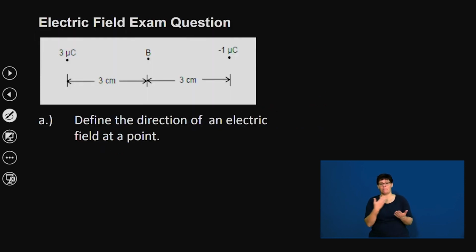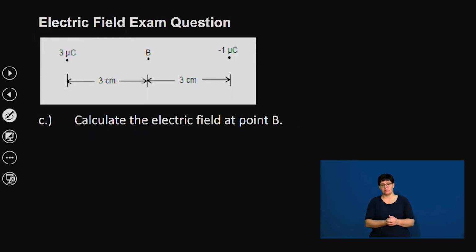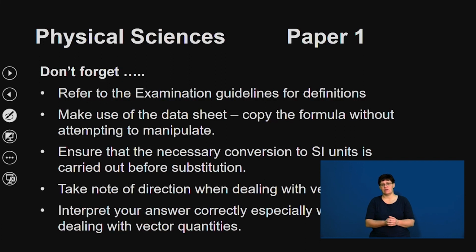Now, having said that, it's also important for us, in closing, to look at the overall tips as far as preparing for the exam is concerned. Remember the exam guideline, I think we've mentioned this one too many times. Make use of the data sheet.